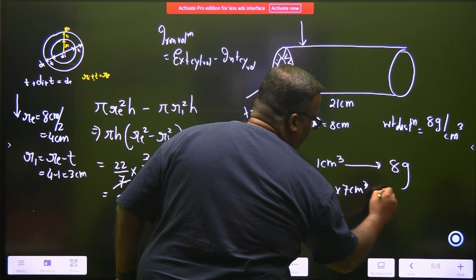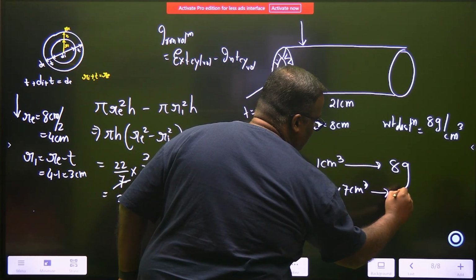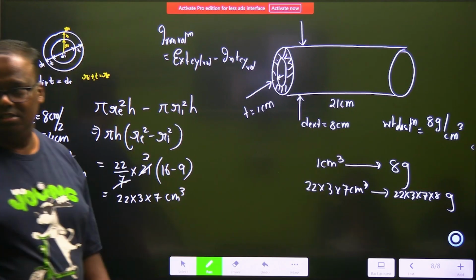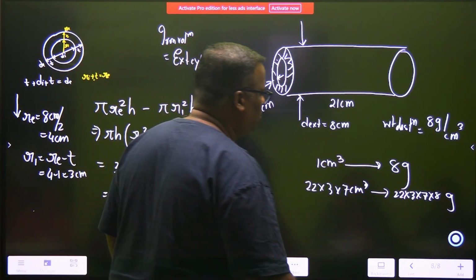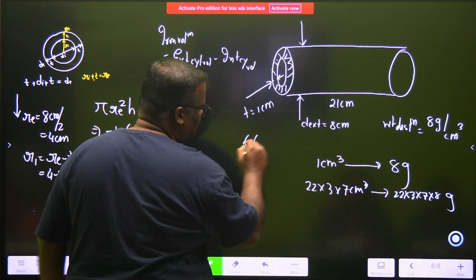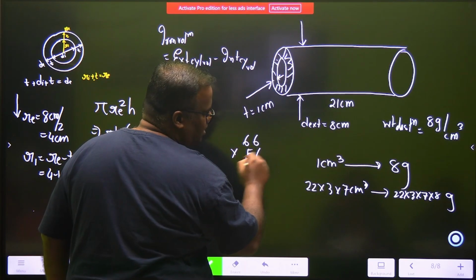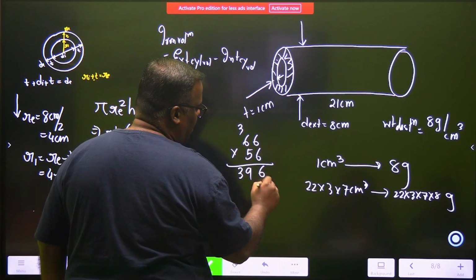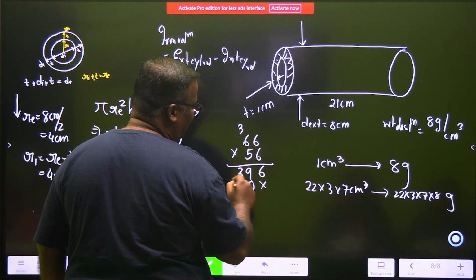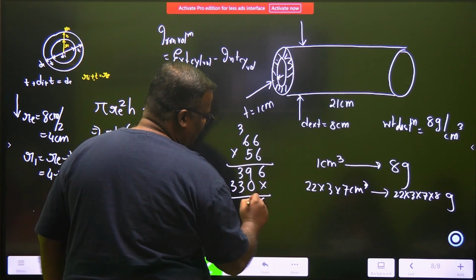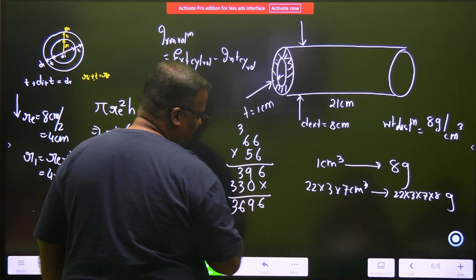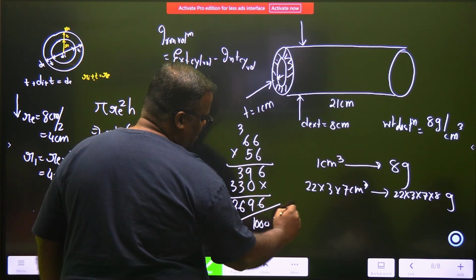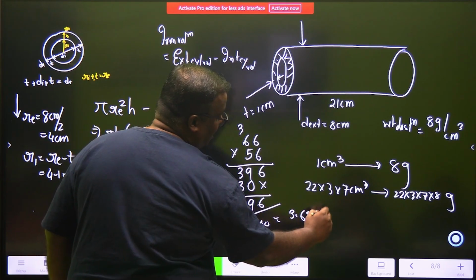Weight is how much? 22 into 3 into 7 into 8 gram. How much is it? 22 into 3 is 66, multiplied by 56. That gives so many grams, and divided by 1000, this is 3.696 kg.